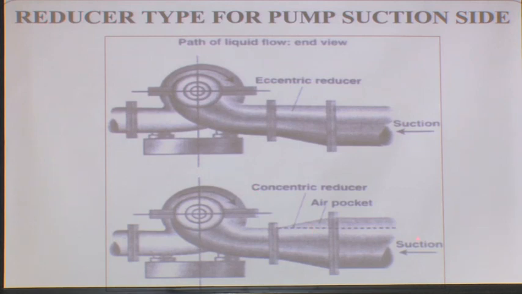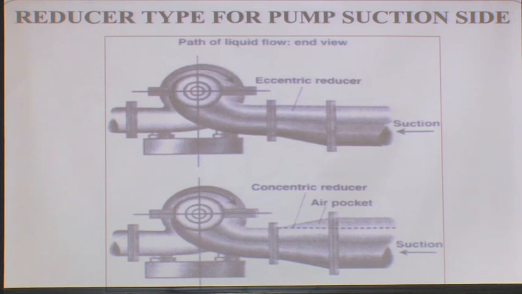Why? Because when the suction is coming like this, there is a chance of formation of an air pocket and eventually a drop in the flow, because there can be air locking. So, the preferred one is this one. So, a flat top eccentric reducer is a must for the inlet connection. So, that means from here to there is one more size enlargement.